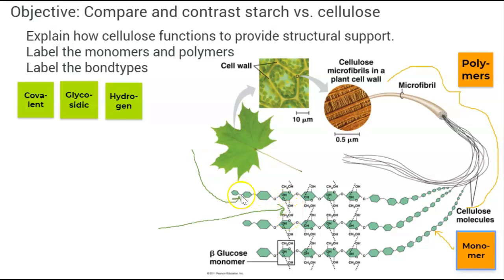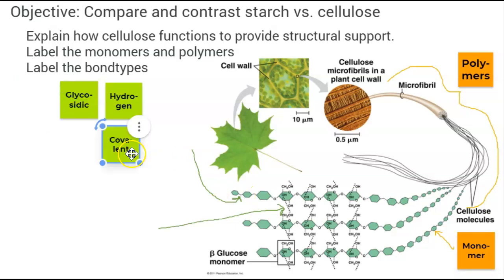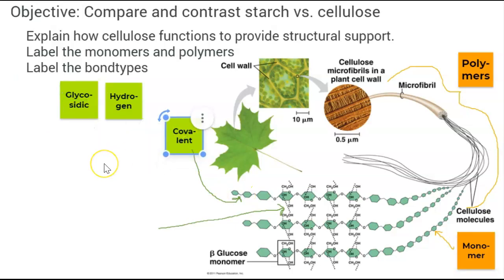So these long chains here are individual molecules, but then those molecules can interact together, specifically because of the hydroxyl group alterations. So if you look at this bond right here, this is a line, so that is a covalent bond because it's sharing electrons. And then it is between carbohydrates.